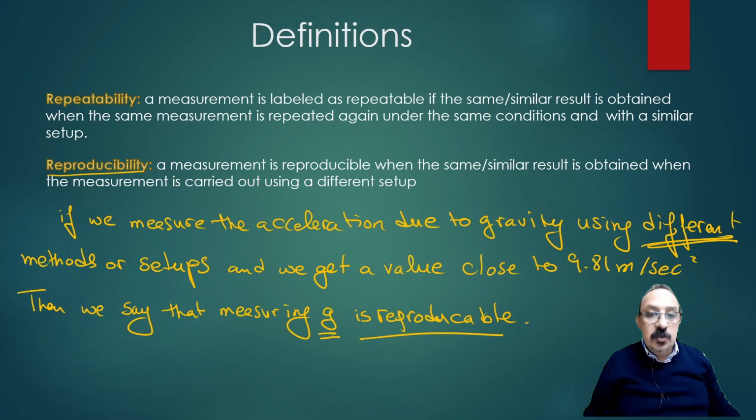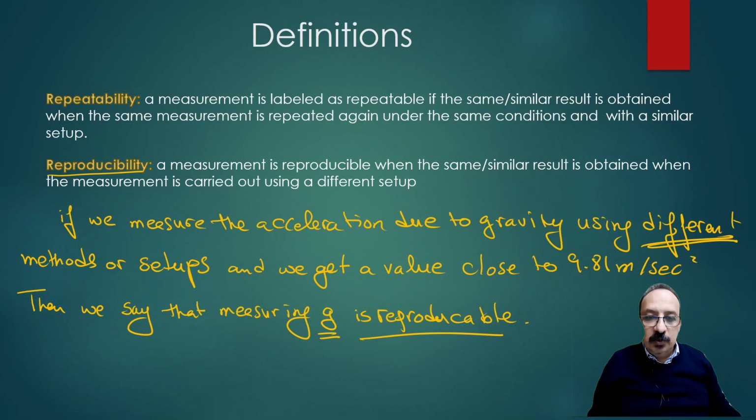In experimental science, in physics, anywhere, it is always important that your experiment is repeatable and reproducible. Repeatable means that if someone carries out a similar investigation or experiment to what you did, they can get similar results to what you had.